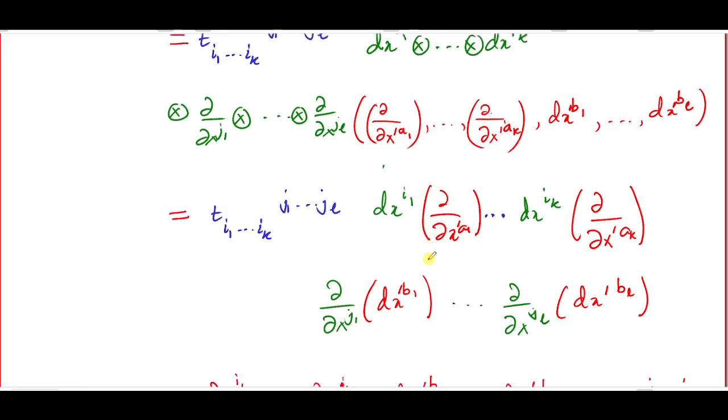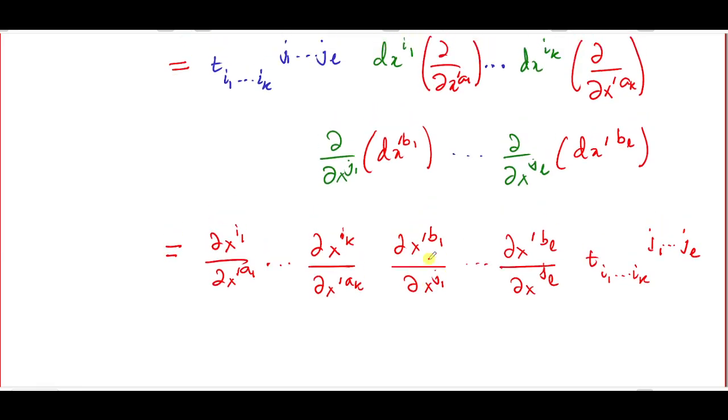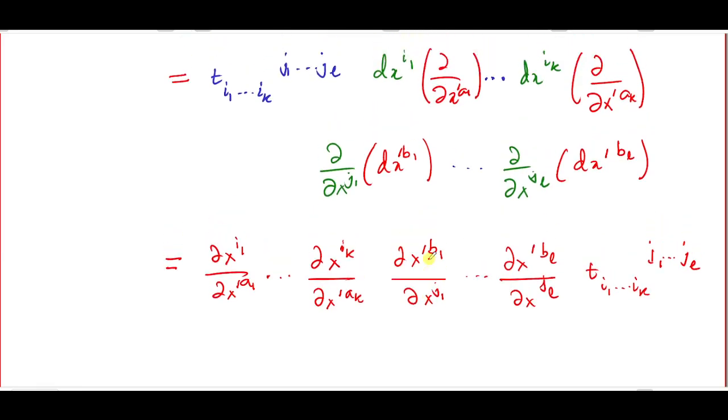But putting them all together, you get the transformation rule. The new components of t in the new coordinate system are basically linear combinations of the old components of t, but with factors which are different kinds for the lower indices and for the upper indices.